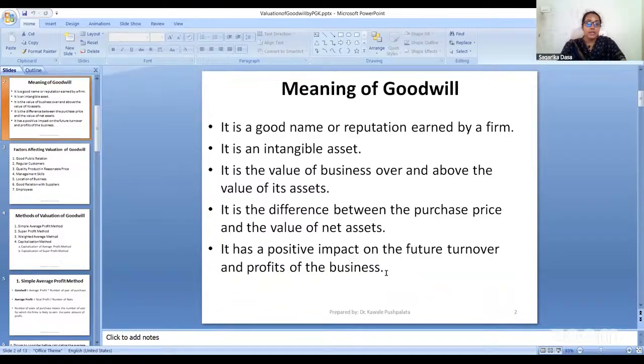People will believe that a company like Reliance Industries has got a name and fame in the market. People will believe that if we invest our funds in Reliance Industries, the company will definitely earn profits and give us dividends. So that is having a positive impact over the future turnover, future sales, or the profits of the business.